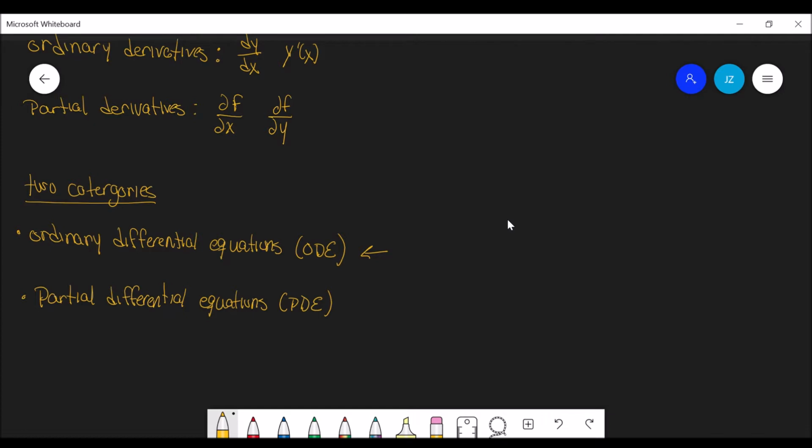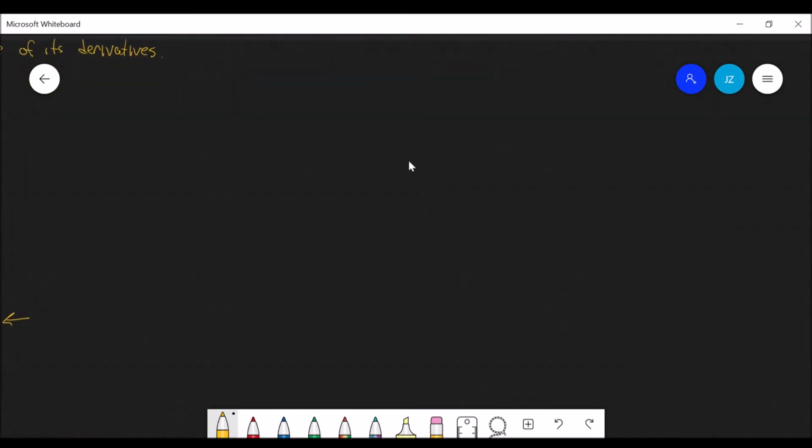When looking at a differential equation, there are three quantities that often appear. We have the dependent variable, which is the function that we're trying to solve for.